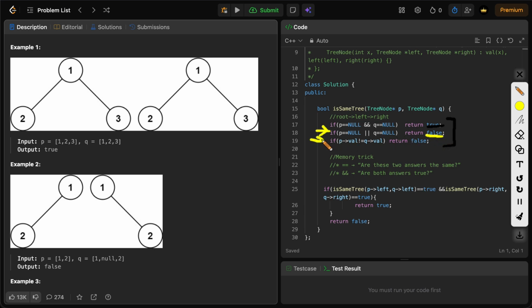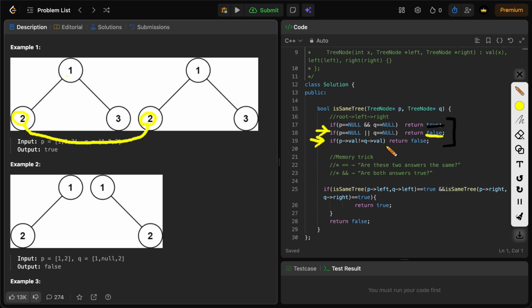And if we take a look at the third line, here we wrote a simple thing: the value of one node of a tree should be equal to the value of the same node of the other tree. Like it is the left side of the first tree, it is also the left side of the second tree.